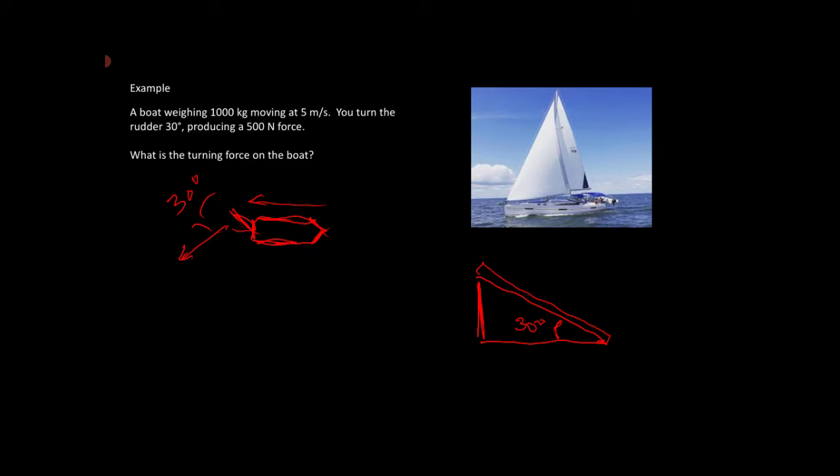If we just look at the old trigonometry triangle, this is 1, then this is going to be sine of 30 degrees, and this guy's cosine of 30 degrees. This sine of 30 degrees tells us what proportion of the force is going to turn us, and this other proportion of the force is going to slow us down.